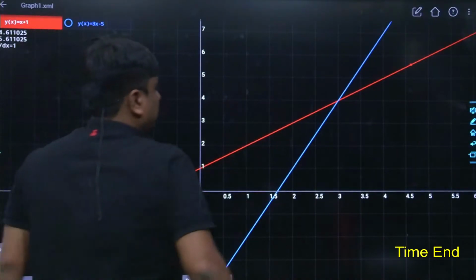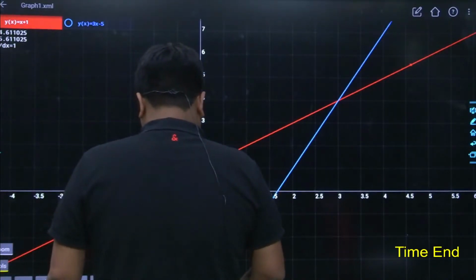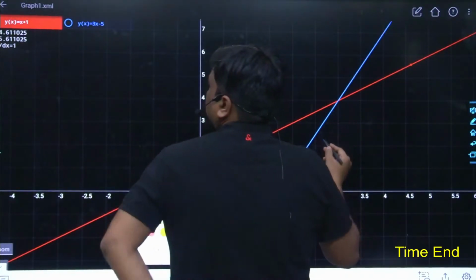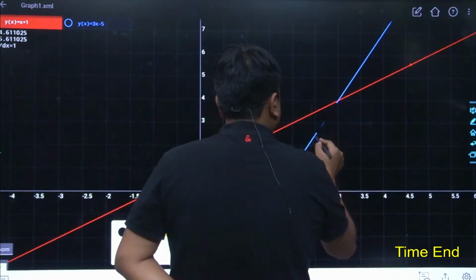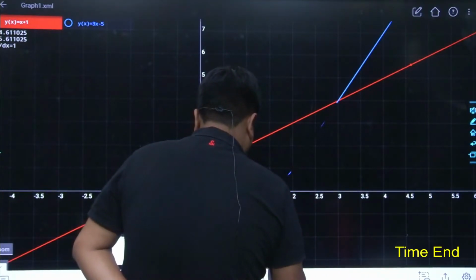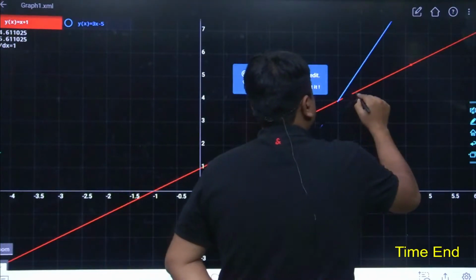So obviously I can rub this out. This region I can rub out. This one.